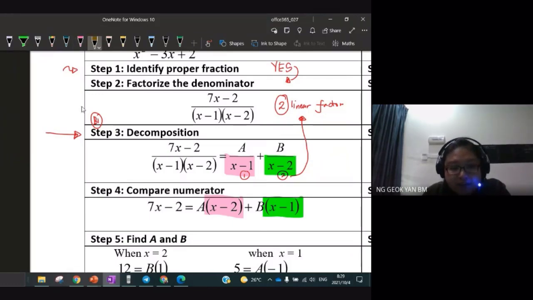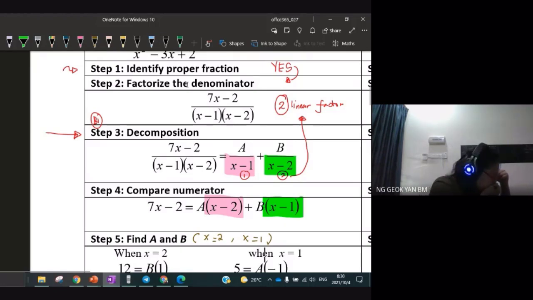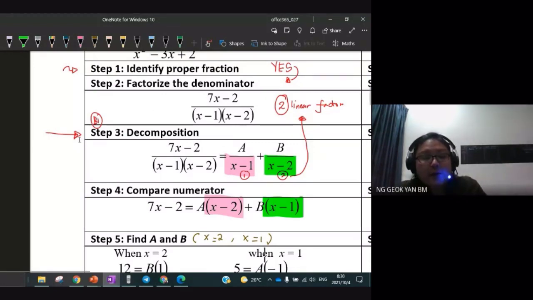When it comes to step 5, think about what X value you are going to substitute. So we choose X equals 2 and X equals 1, because we want to eliminate the unknown. We don't want to use simultaneous equations. Unless the question has a quadratic that cannot be factorized, or is very difficult, then we use the method of comparing coefficients. Okay, so far any problem with step 4?